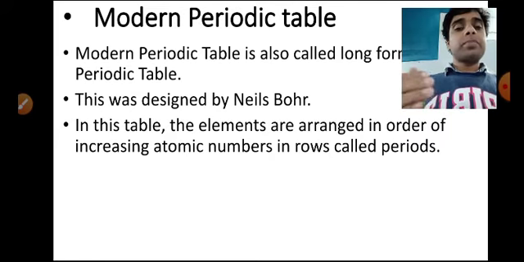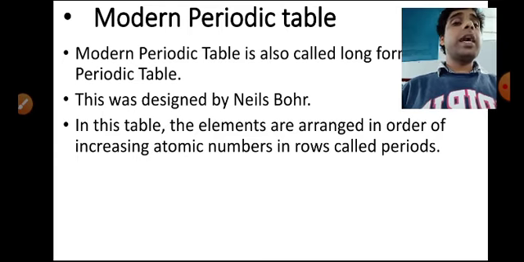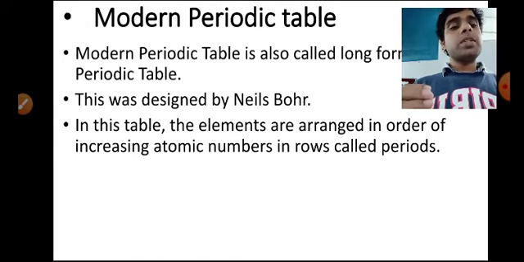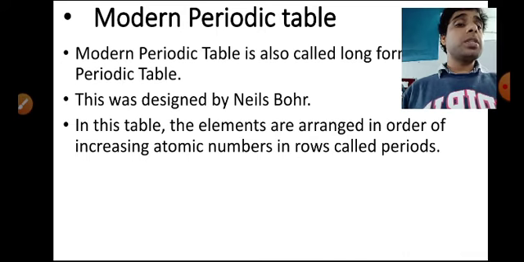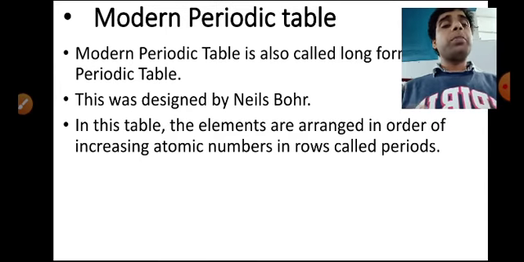And here in this table, the elements are arranged in order of increasing atomic number. So you can see, dear students, as Henry Moseley showed, the basis of classification was atomic number, and you will find that lots of issues get resolved in this classification. The basis of classification I am changing, and atomic number we are accepting, so that every problem would be resolved.